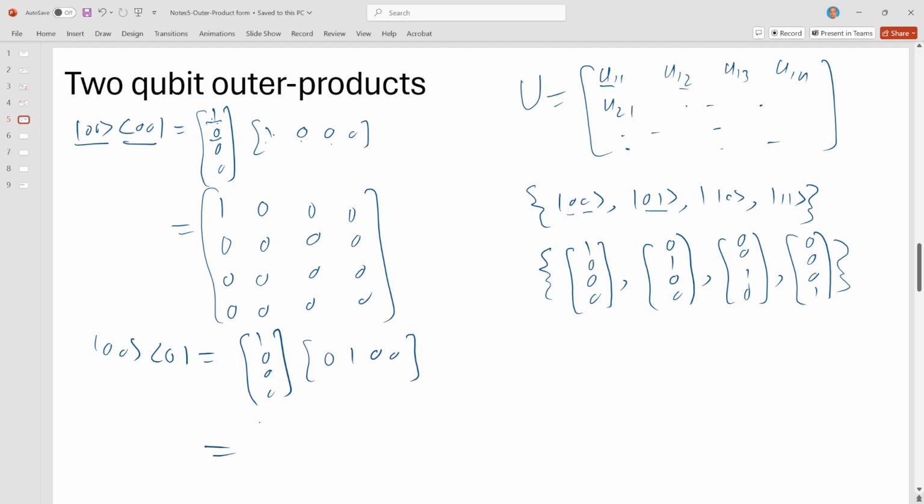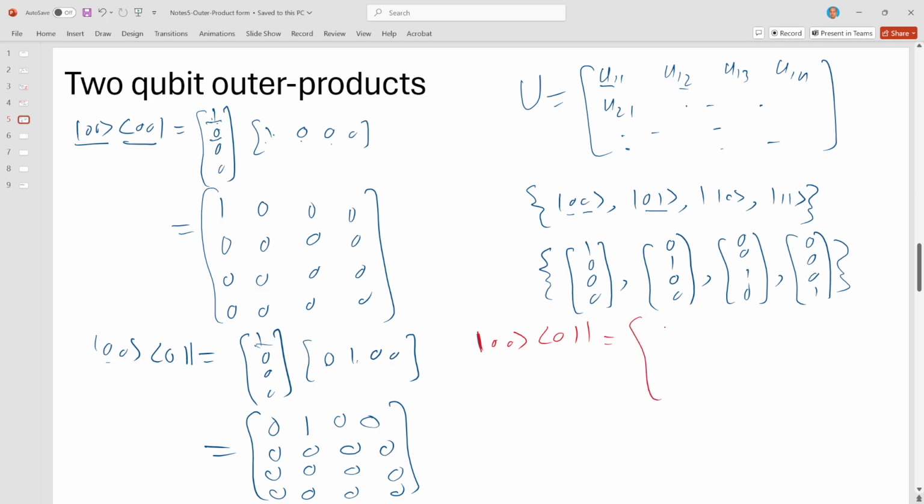Let's see which of the elements is nonzero. So 1 into 0 is 0, 1 into 1 is 1, and all the rest are 0. So this was 0 0 0 1, and 0 1 would be 0 0 1 0.